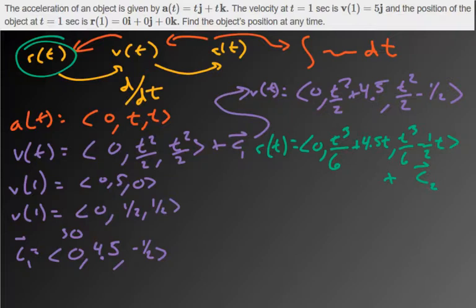And then if you do the same kind of thing as before to figure out C2, we know that when we plug in 1 right now, we're getting 0, 1/6 plus 4.5, 1/6 minus 1/2, and this needs to equal the 0 vector, 0, 0, 0.